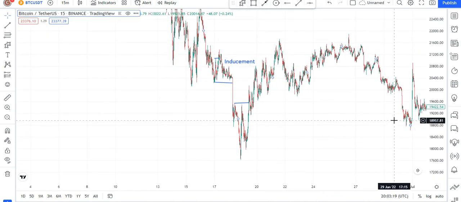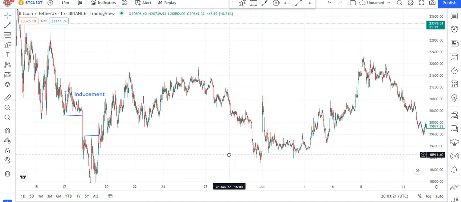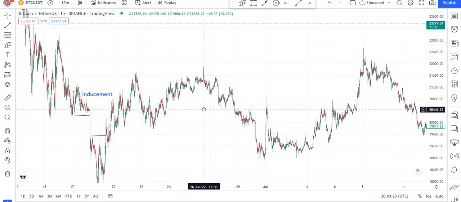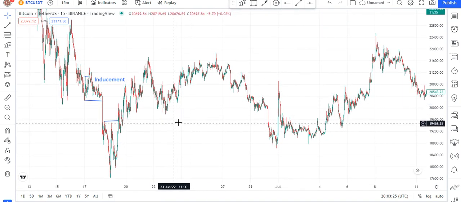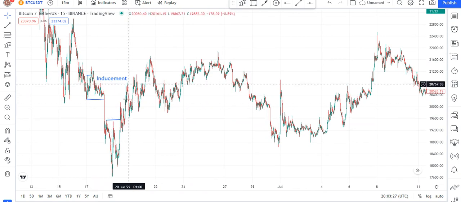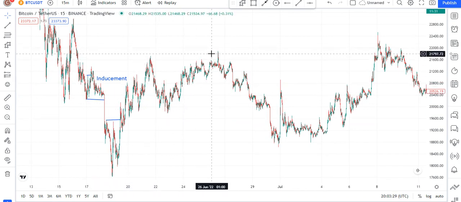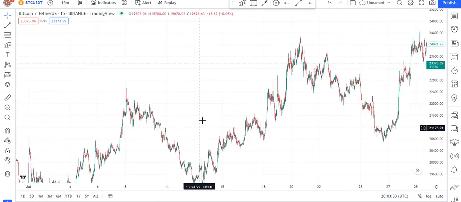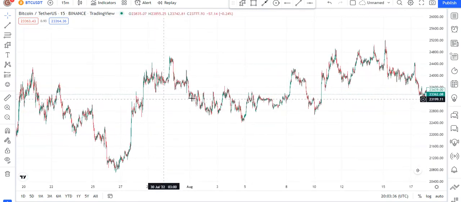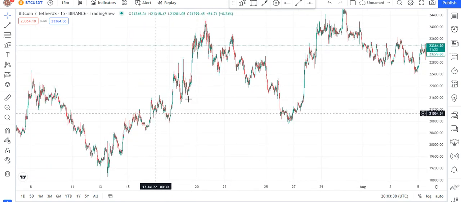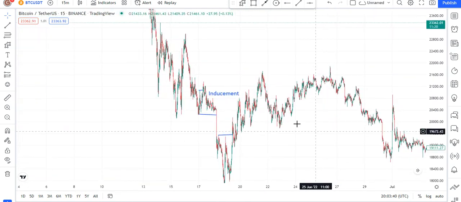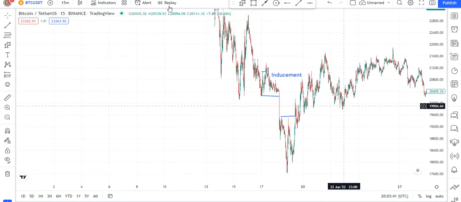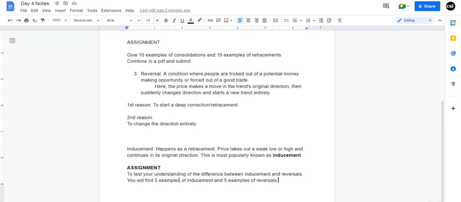Oh, the uptrend really lasted long. It went up, came down, went up again. It's still going. So in this case, the trend changed entirely. So that's the second reason: to change the direction entirely.